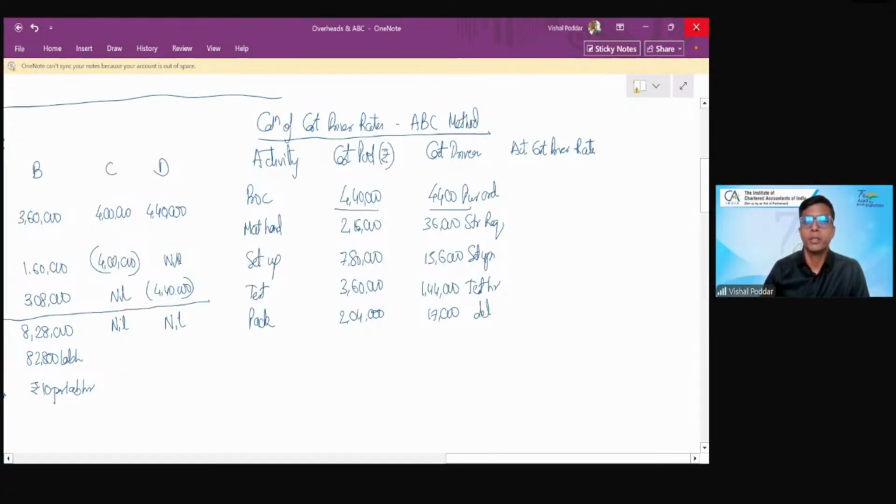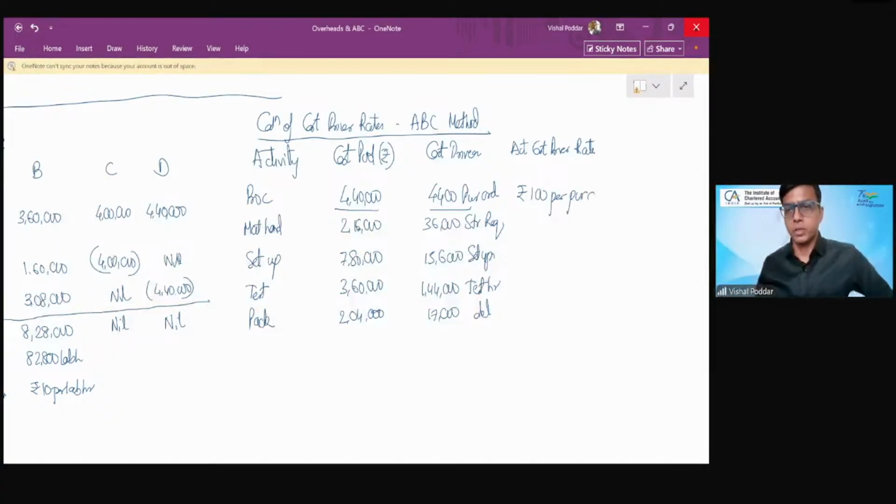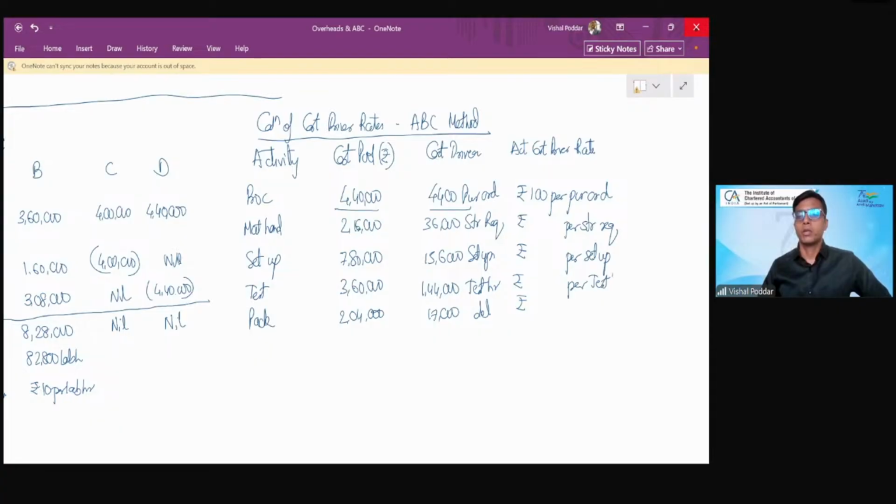Now dividing this by this, I get my ORR. So my first ORR is 100 per purchase order. Similarly, I'll find out every ORR, which is over here called a driver rate. So this is per store requisition, this is per setup, this is per testing hour, this is per delivery.